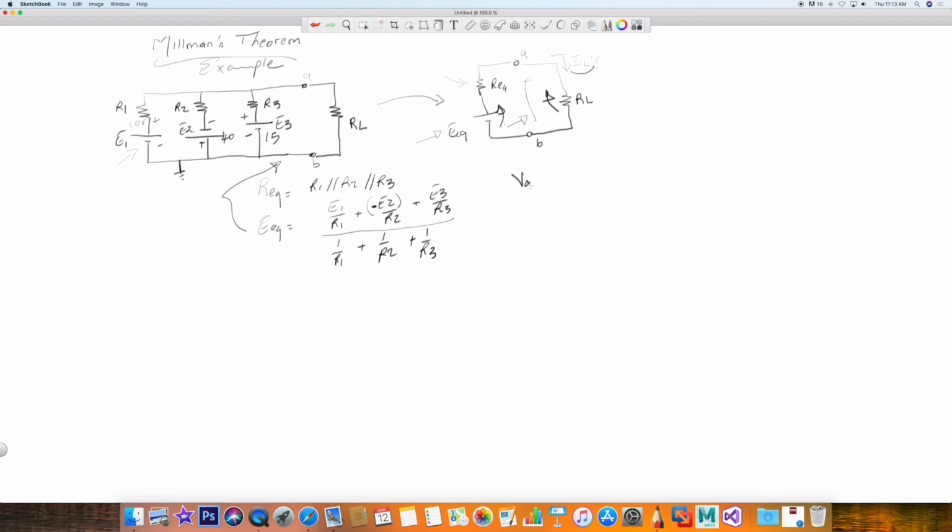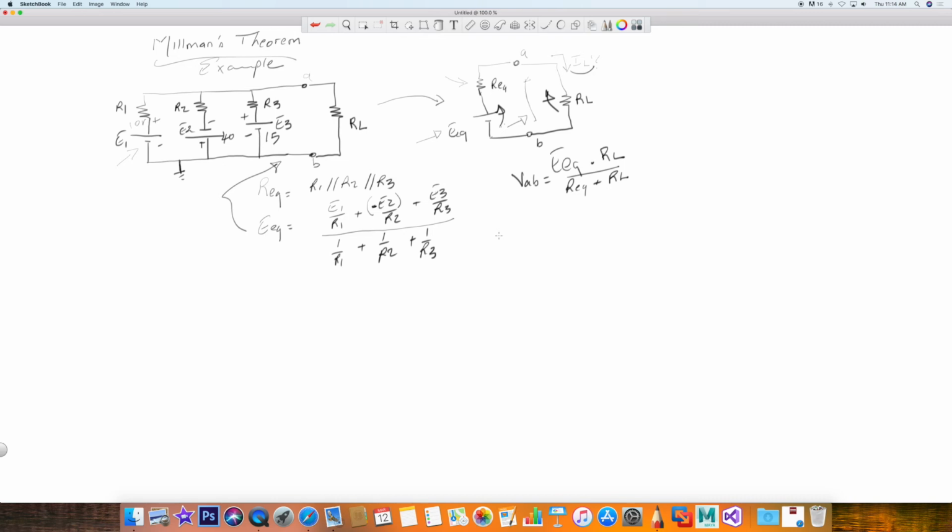So VAB in reality here will be equal to E equivalent times RL divided by R equivalent plus RL, okay? So that would be VAB at that stage.